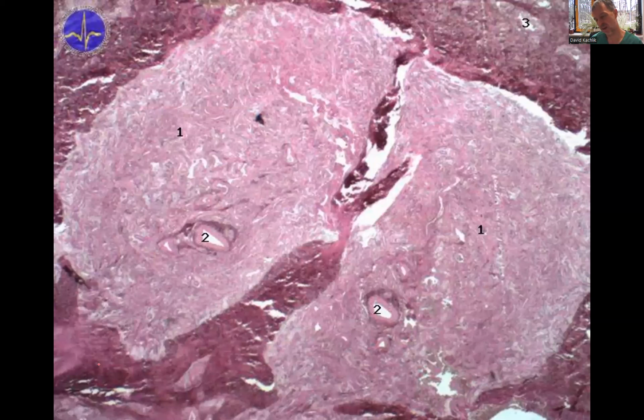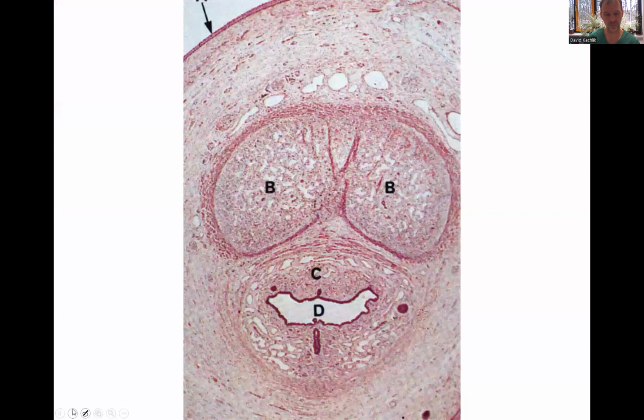And here is a slide of a monkey penis with nicely visible incomplete septum in this area, and the deep vein of penis inside cavernous body. And again, a section through two cavernous bodies and one spongy body with a beautiful urethra.